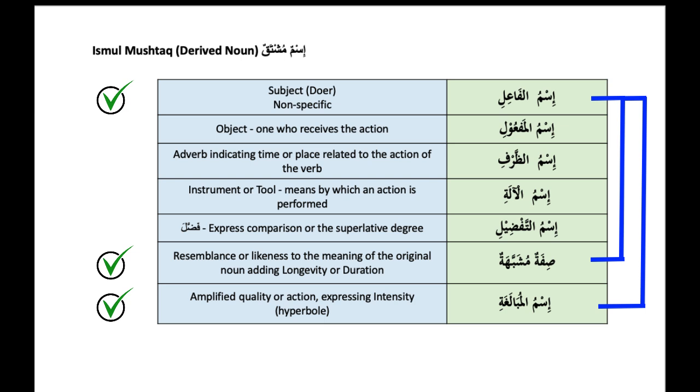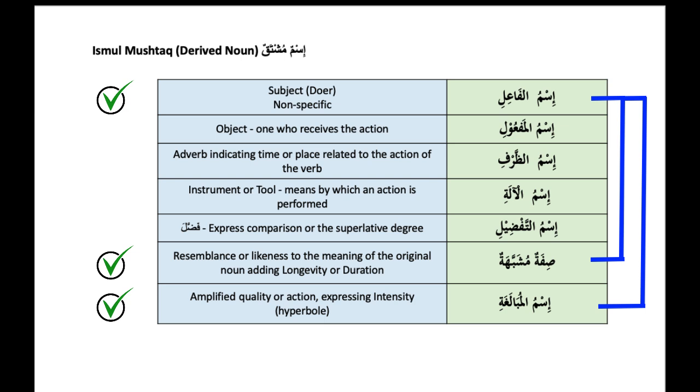So ismul fa'il, sifate mushabbaha, ismul mubalagha, they are all ismul fa'il. But with sifate mushabbaha, there is some specific information, and with ismul mubalagha, similarly, there is some information which will distinguish between each other.